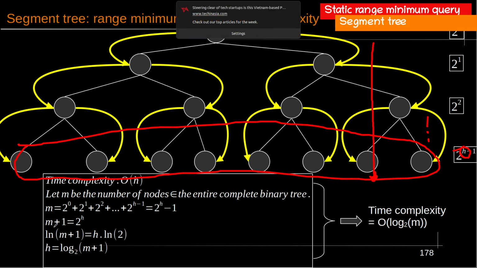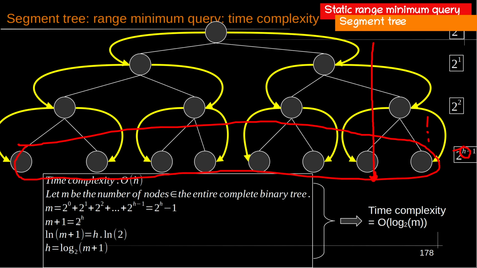So we can say that m plus 1 is equal to 2 power h. We can use the natural logarithm: the natural logarithm of m plus 1 is equal to h times the natural logarithm of 2. So we can say that h is equal to log base 2 of m plus 1.